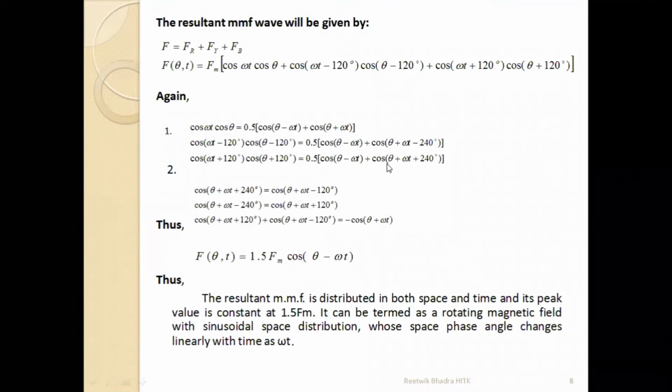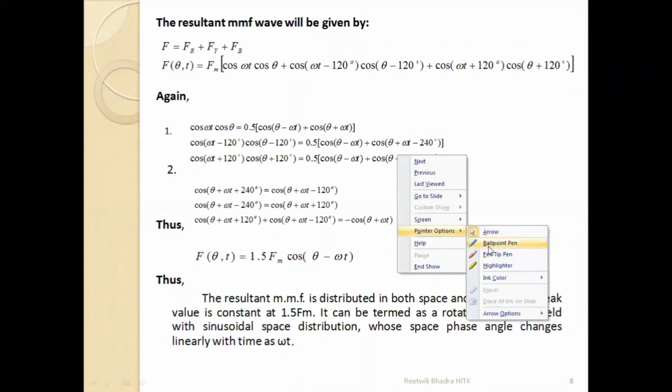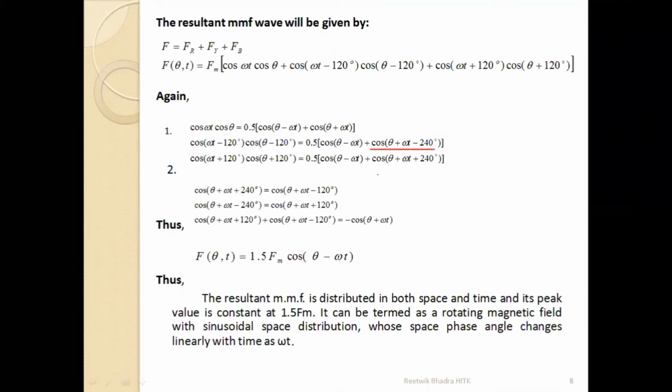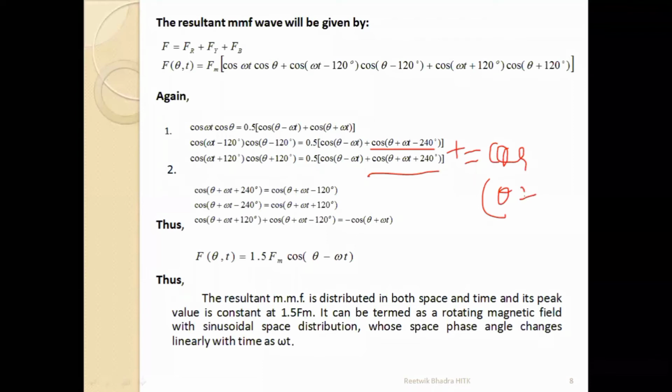So if you add these 2 factors, you get minus cos(theta plus omega t).